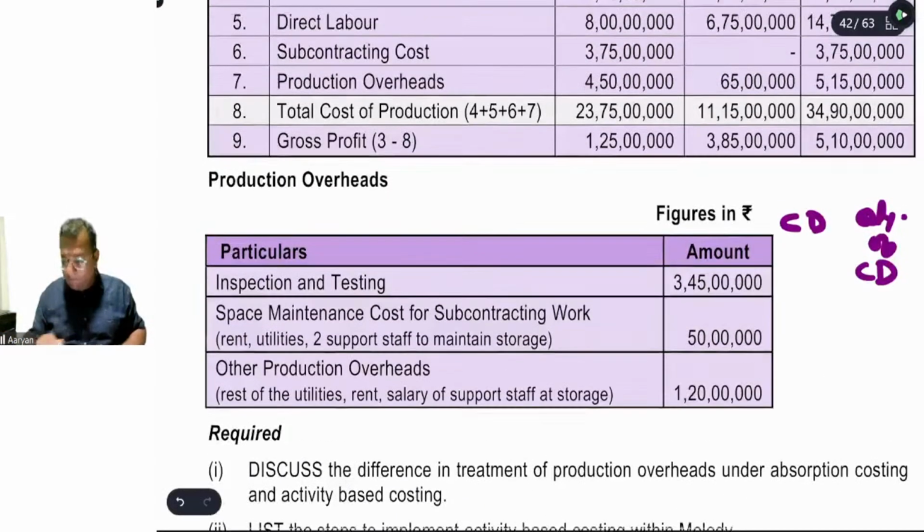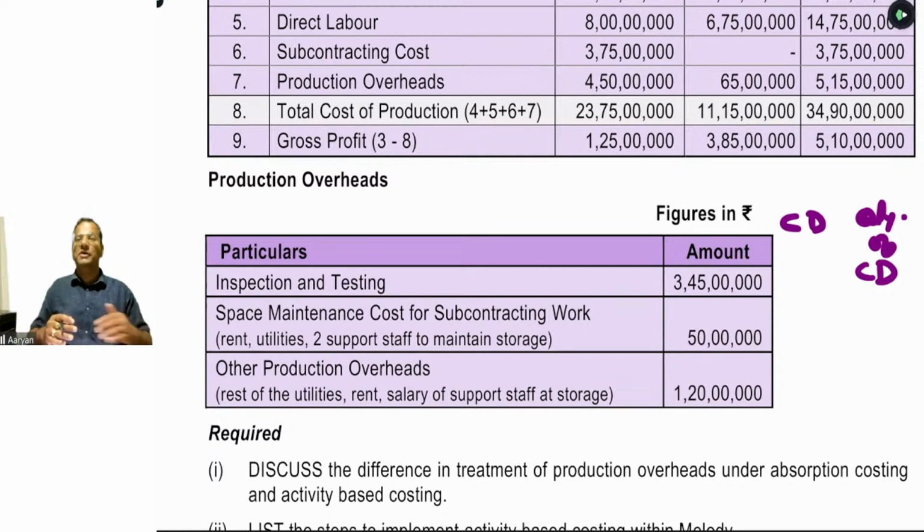There is no bifurcation in the blanket recovery rate. The complete fixed production overhead has been considered while calculating the budgeted recovery rate. They are assuming that each and every product is consuming each and every activity, and that too they are dependent on direct labor hour. Inspection and testing are not dependent on direct labor hour.